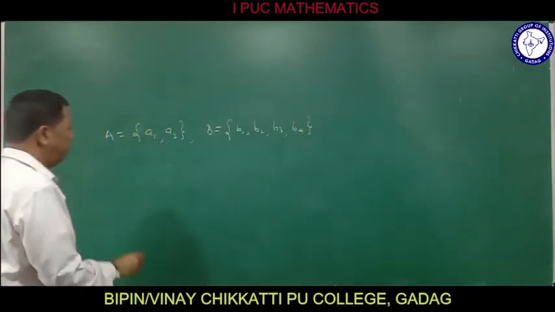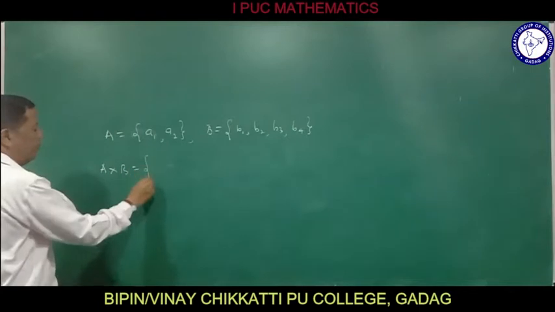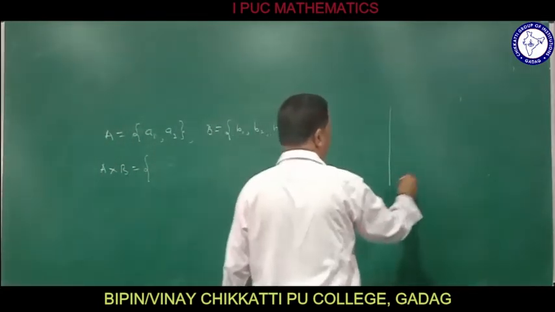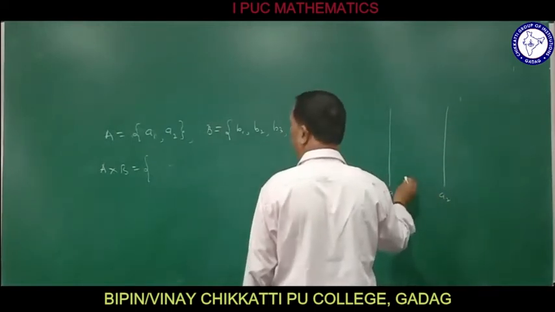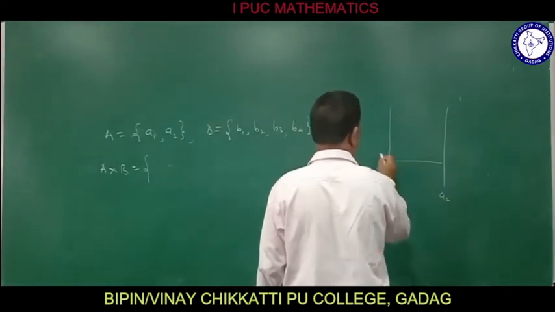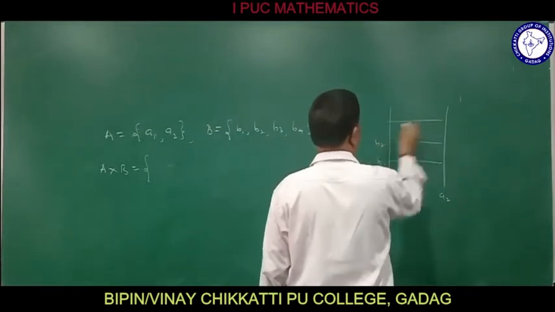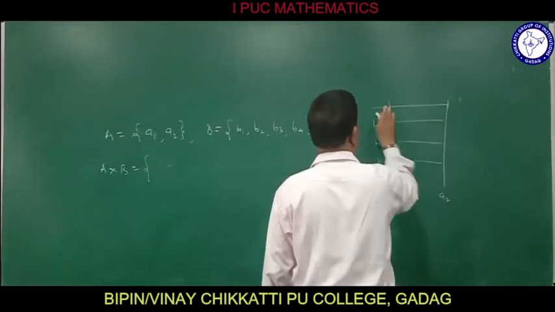So here you find the Cartesian product. How do you see that? The diagram already told you, A is down, A1, A2, and these are B1, B2, B3, and B4.